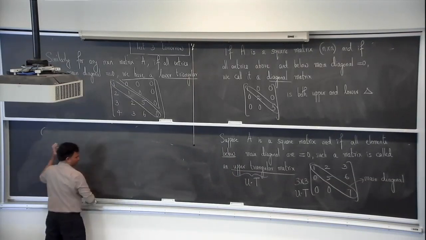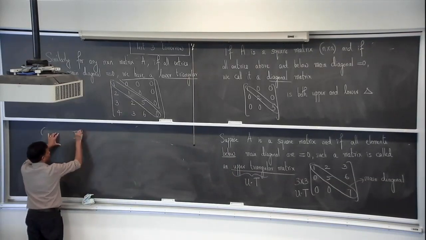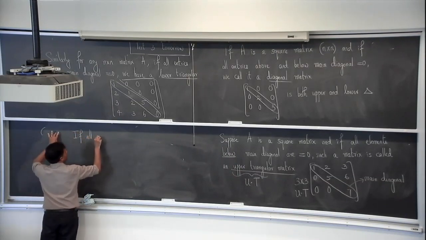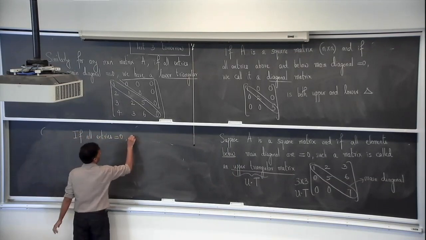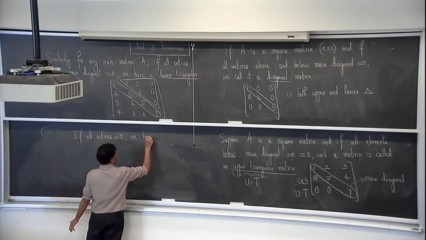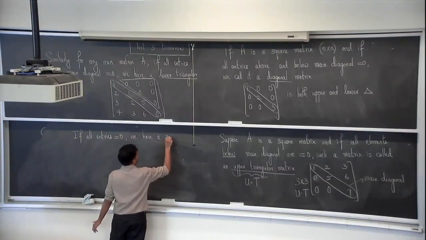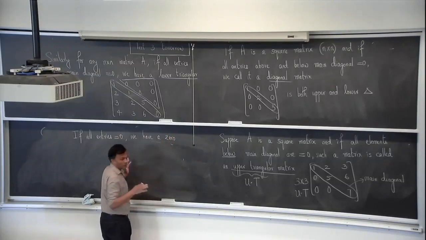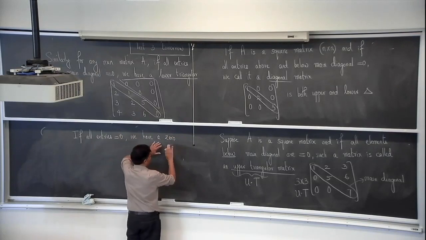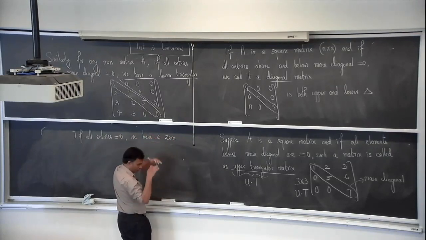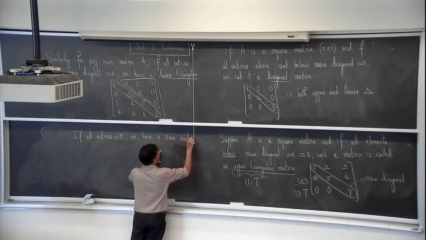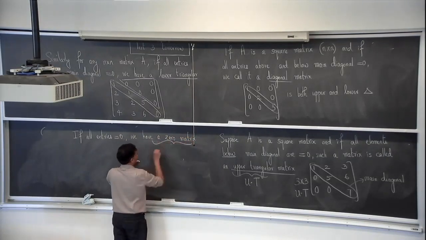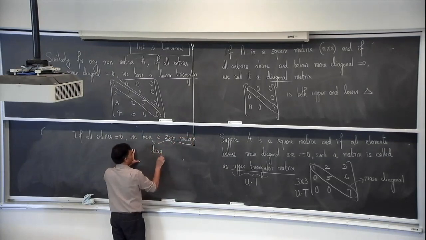So if all entries are equal to 0, we have a zero matrix. You still have to write all the rows and columns. You cannot just write a number 0 and say it's a zero matrix. If there are 100 rows full of zeros, you have to write all the 100 rows. And this is a diagonal, upper triangular, and lower triangular matrix.